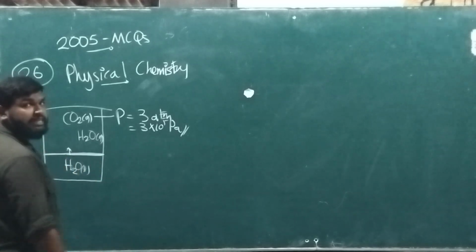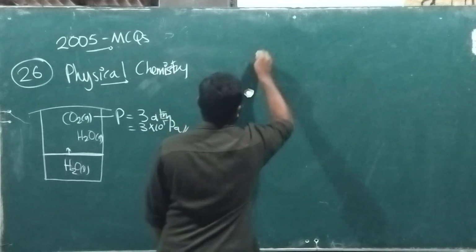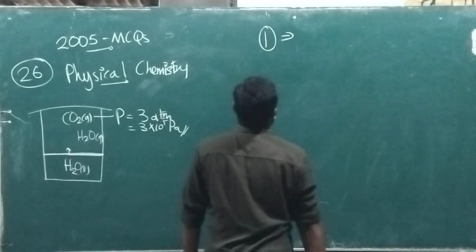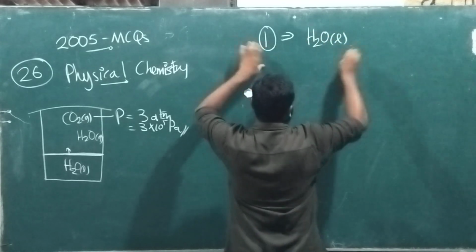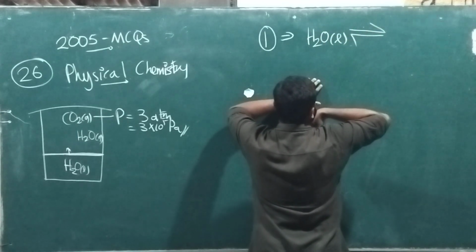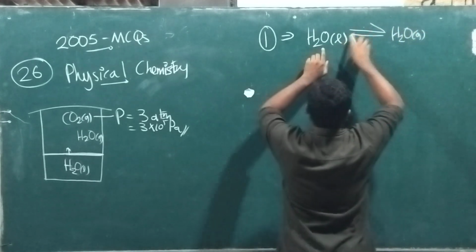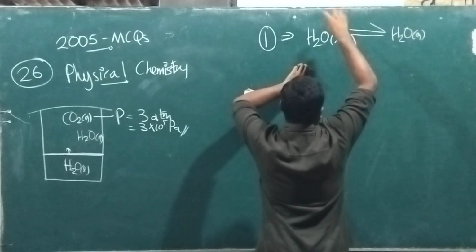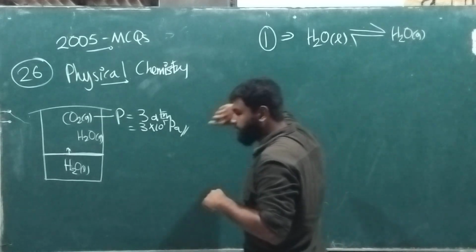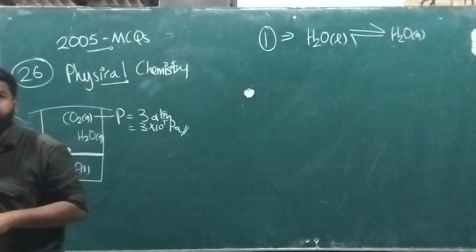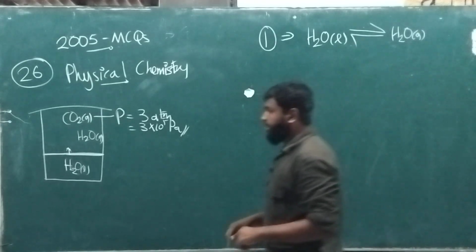So as our first reaction, we have liquid water going under partial reaction to the gaseous phase. This process from left to right is called evaporation. From right to left, it is called condensation. That's why I have kept a double arrow. So this is under dynamic equilibria, right?